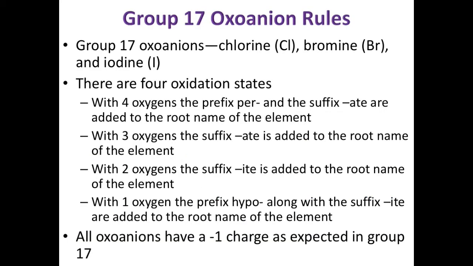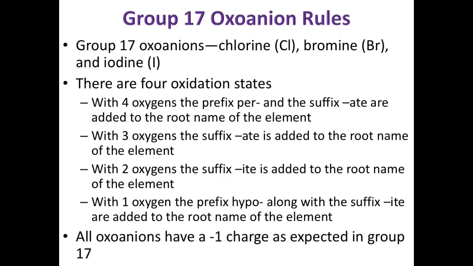The rules for the group 17 oxoanions. These are oxoanions with chlorine, bromine, and iodine as the central element. We don't include fluorine or astatine at this point. There are basically 4 oxidation states for these. When the central atom is surrounded by 4 oxygens, we have the prefix per and the suffix ate.